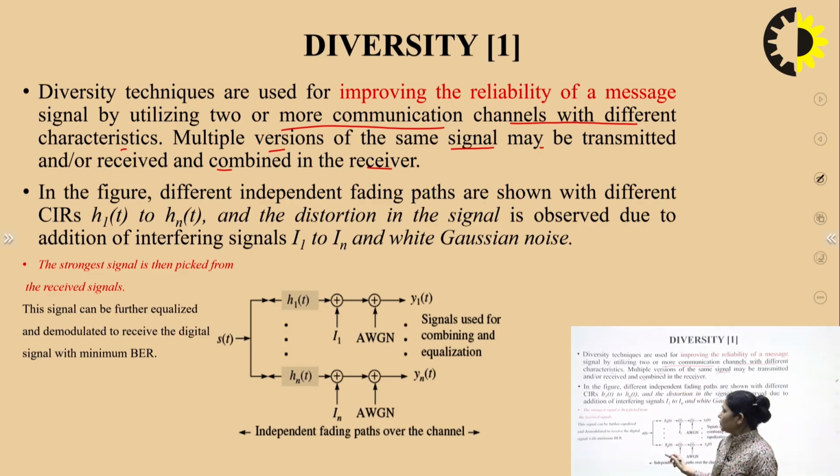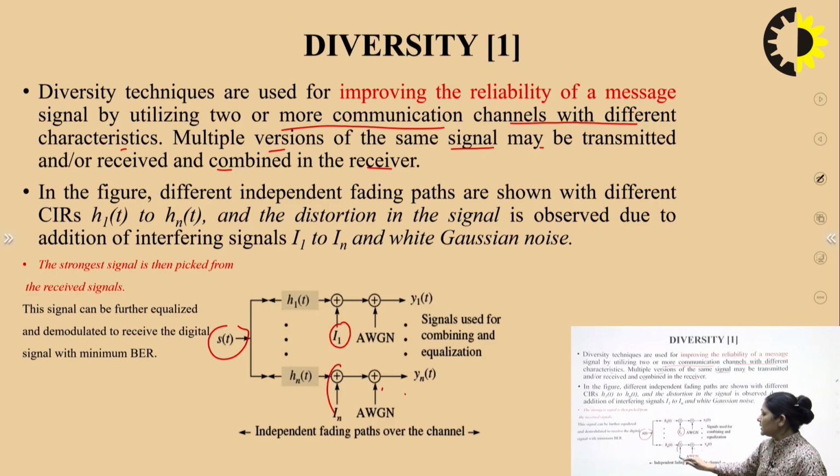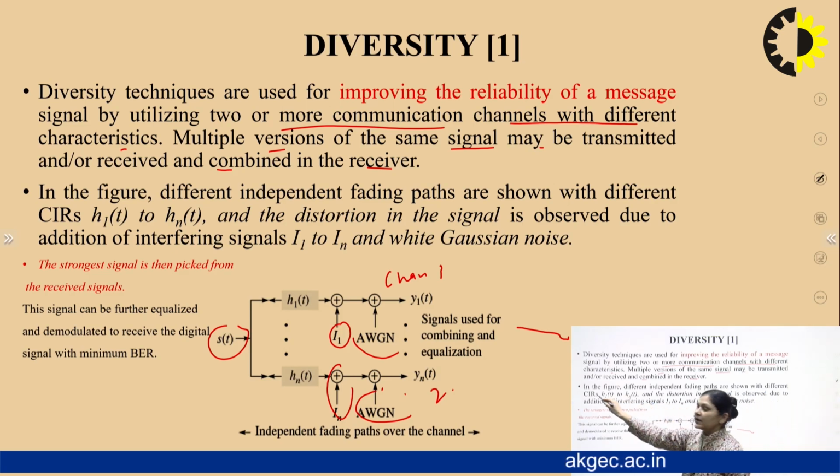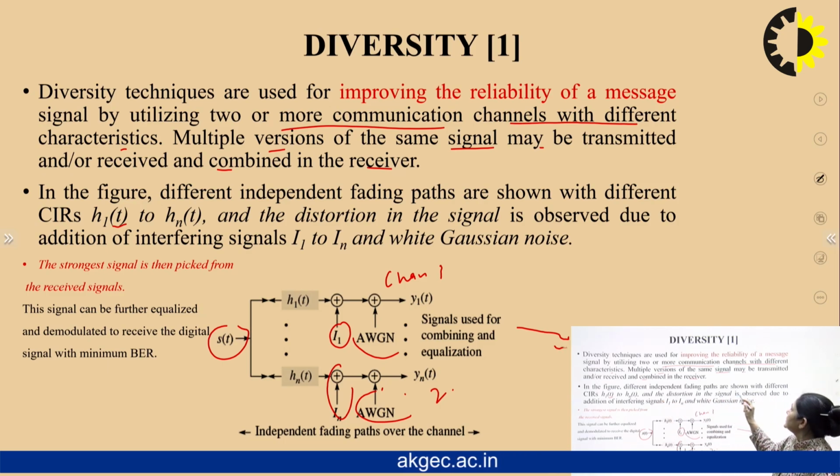In this figure, you can see the signal and two channels, and in between there are interference signals and Gaussian noise affecting the channel. This is channel 1 and this is channel 2. The figure shows different independent fading paths with different CIRs, carrier to interference ratios, and the distortion in the signal is due to the addition of interfering signals I1 to IN and white Gaussian noise.